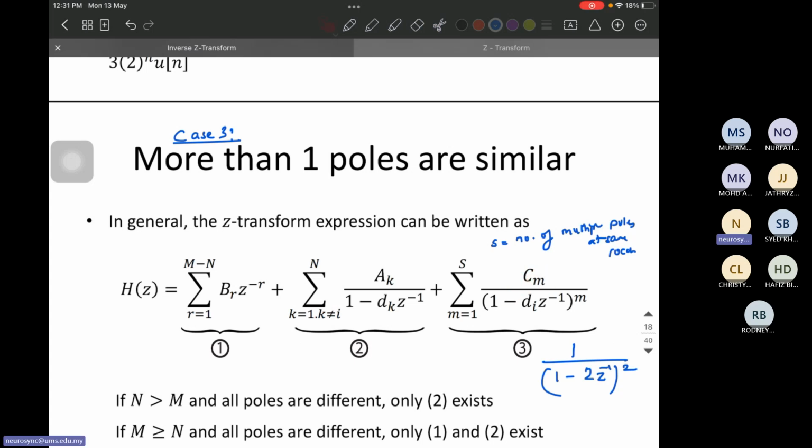Cm times (1 minus di z inverse) to the power minus m. You can also write this as dm instead of di.